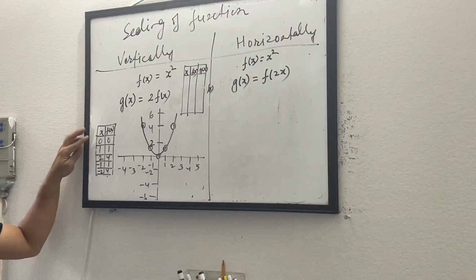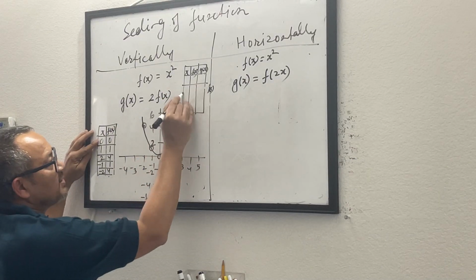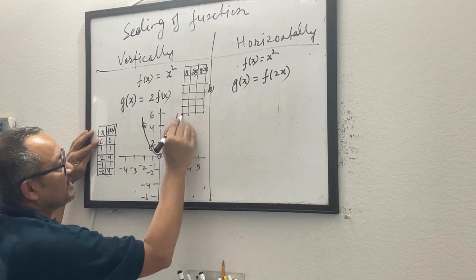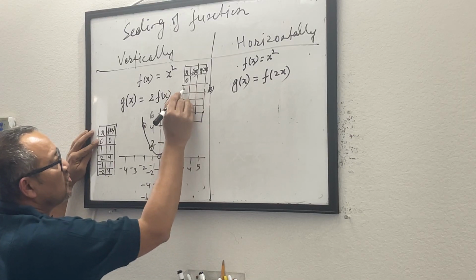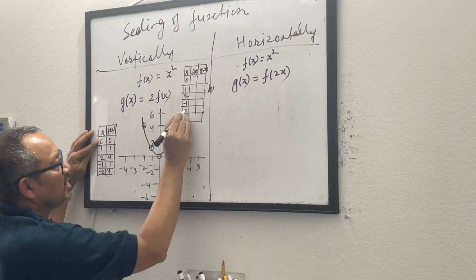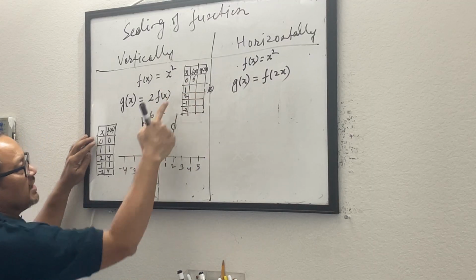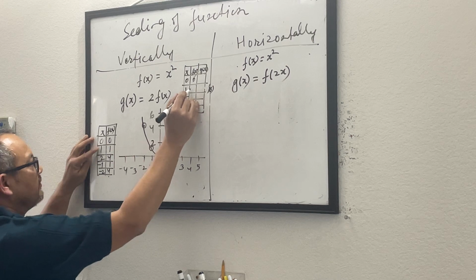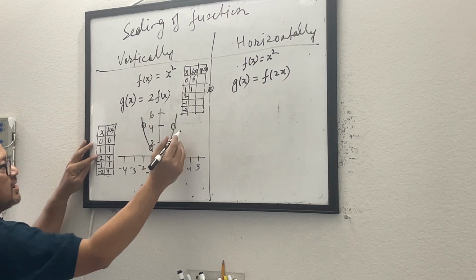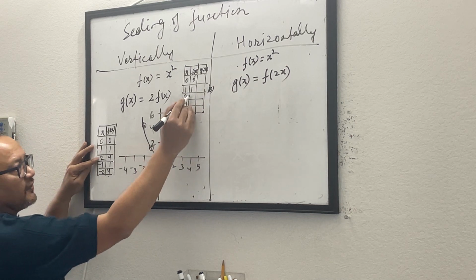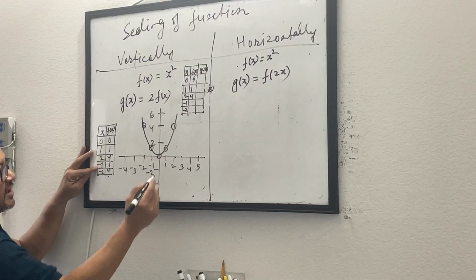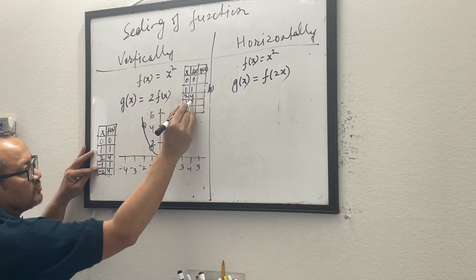Let's put the same points: 0, 1, 2, minus 1, minus 2. When x is 0, f(x) is 0. When x is 1, f(x) is 1. When x is 2, f(x) is 4. When x is minus 1, f(x) is 1.